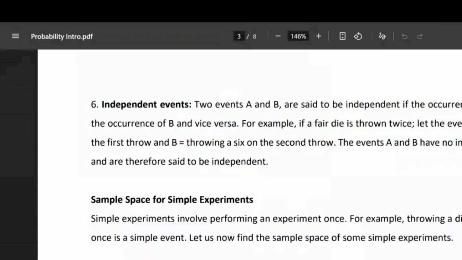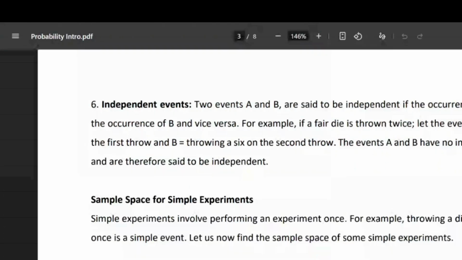Now, the probability of selecting a green ball is 3 out of 5. Now, assuming at the first experiment, a blue ball is chosen and they don't bring it back.